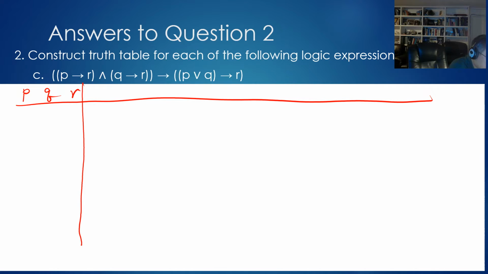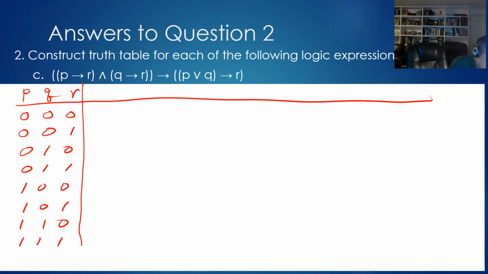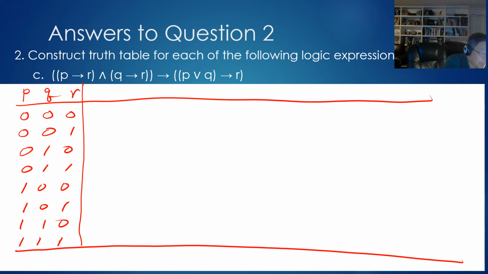For all the combinations, the first possibility is that all the values are 0, and then you have 0,0,1; 0,1,0; 0,1,1; 1,0,0; 1,0,1; 1,1,0; and 1,1,1. So there are a total of 8 possibilities. The truth table we're going to build is based on these 8 values.